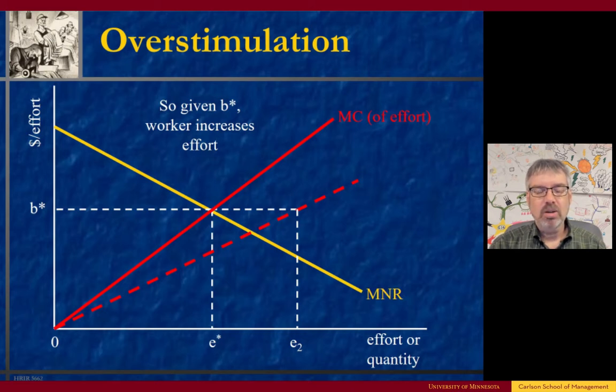And remember, it's not where the marginal net revenue curve intersects the new marginal cost of effort curve, because the marginal benefit to the worker is B star, the piece rate. That's how much they're going to get from each additional unit of effort. And so the new optimal amount of effort for the employee, E2, is where B star intersects the new marginal cost of effort.